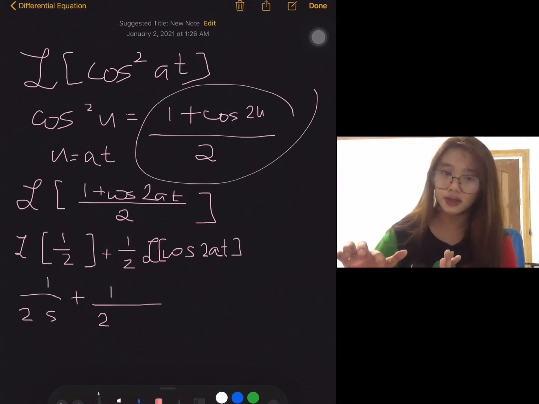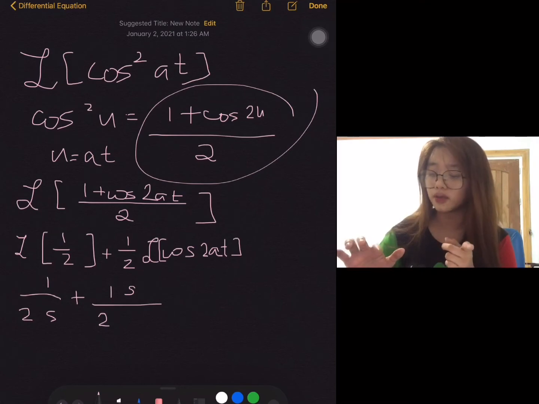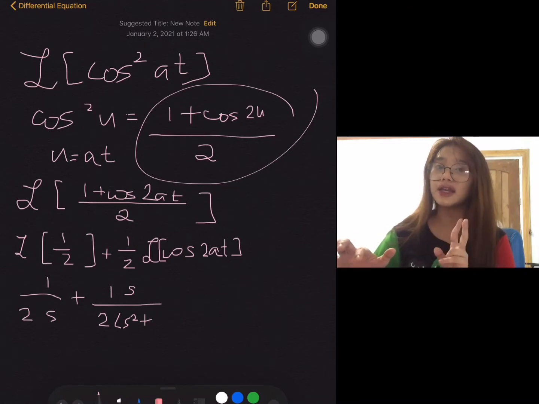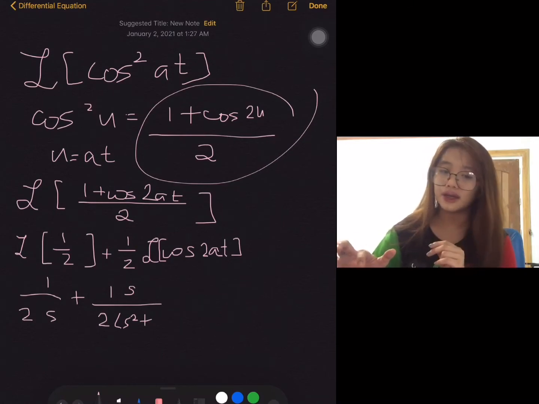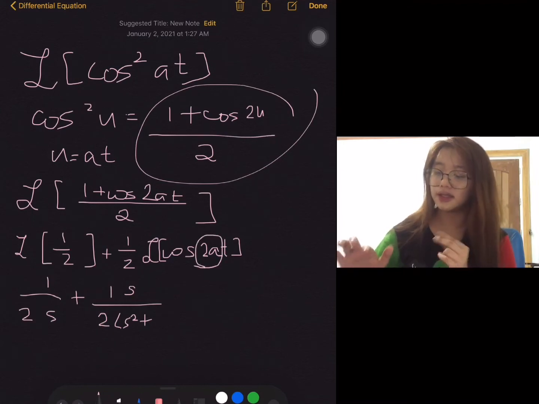So s over 2, and our denominator for this one is s squared plus, our a here would be 2a, since 2 is the multiplier of a in our given. So 2a.